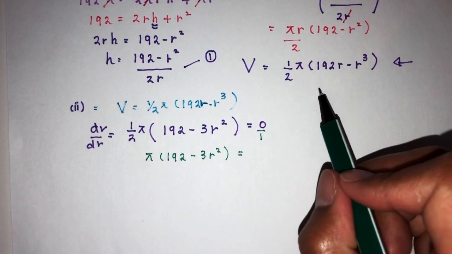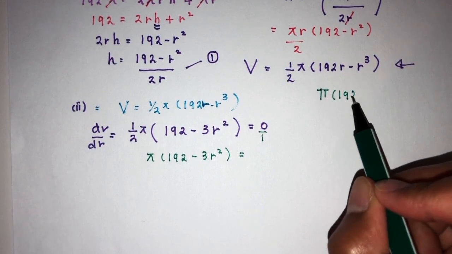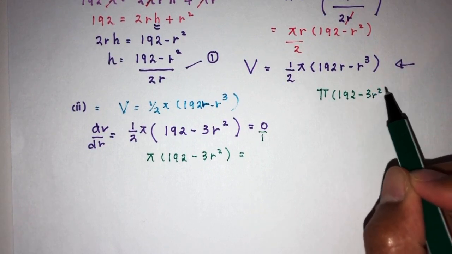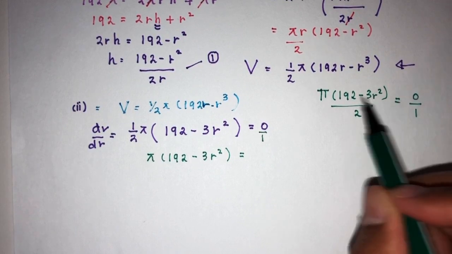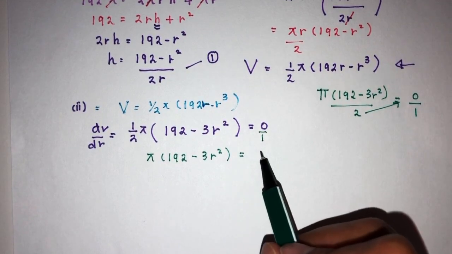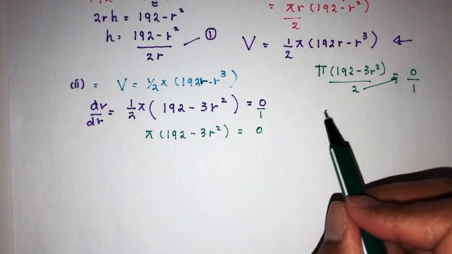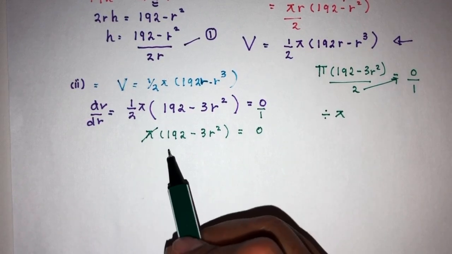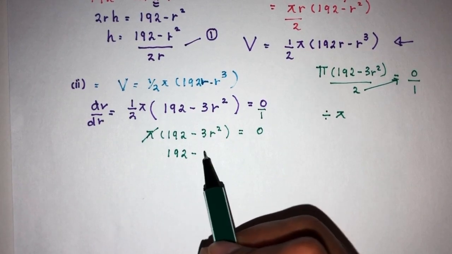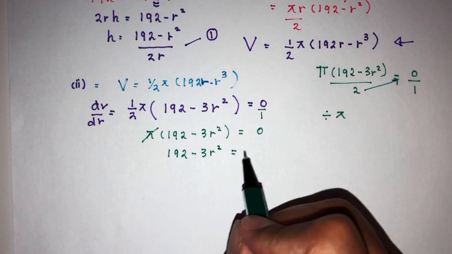If you think about it, it is pi times (192 minus this) over 2, equal to 0. Now if you cross multiply, 2 times 0 will be 0. That's why we have 0 here. Now, we can divide by pi on both sides, so this will cancel out. You will have 192 minus 3r squared equal to 0.